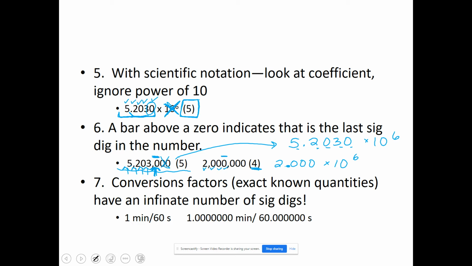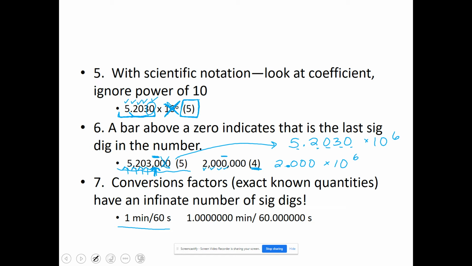All right, so the last thing are conversion factors. We'll get here when we do our math problems with sig digs involved in the answer, when we want to put our answer to the correct number of sig digs. We'll need to know that when we use a conversion factor, there's actually an infinite number of sig digs.